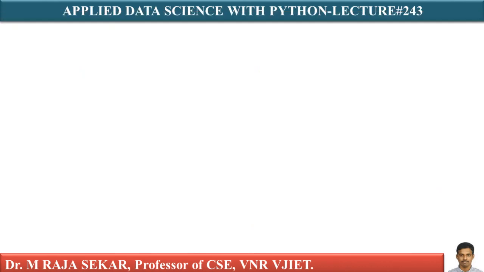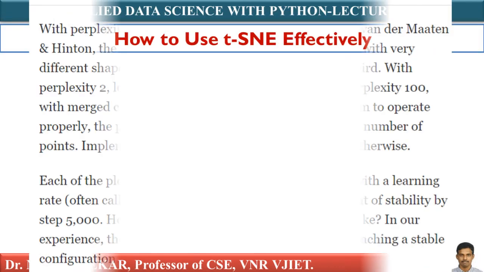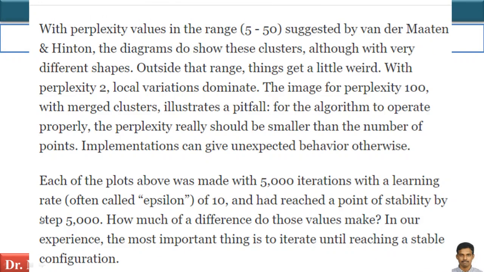Let me read this particular slide so that I can explain in detail. Again, this page I collected from distill.pub: with perplexity values in the range from 5 to 50, as suggested by van der Maaten and Hinton.